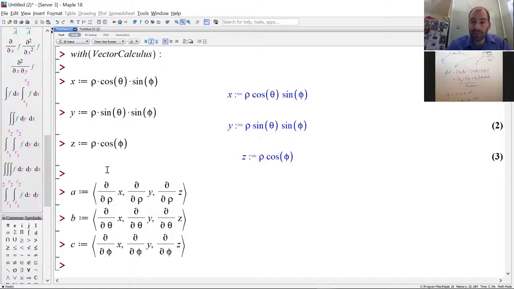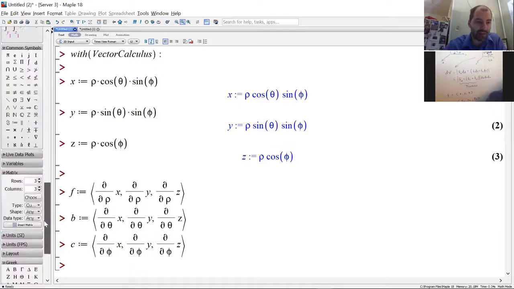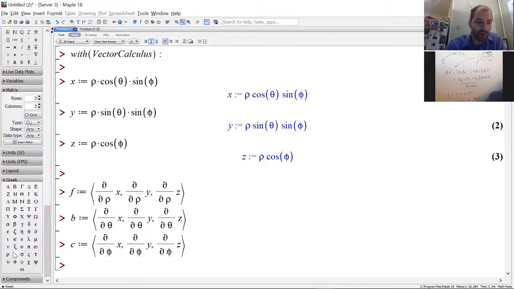Now, what I need to do is compute Fu, Fv, and Fw. Well, in this case, it's F rho, F theta, and F phi. So maybe that's what I should have called these. This is F rho. So let's define that like that.